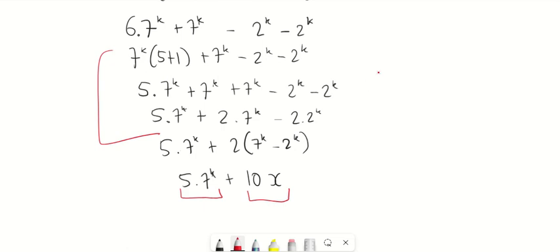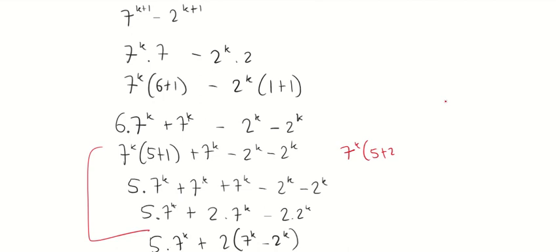Now there was a quicker way in around there to get down further. Instead of the line that I did, which I did wrong, if you did 7 to the power of k times 5 plus 2, and then minus 2 to the power of k times 1 plus 1, that would get you there quicker.